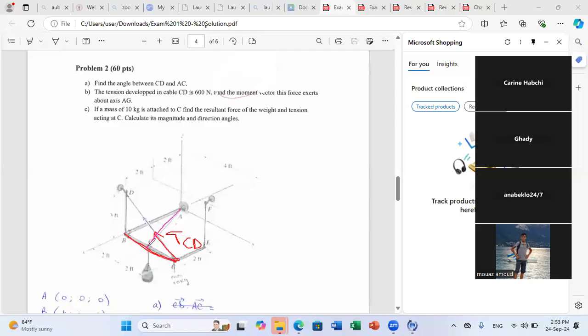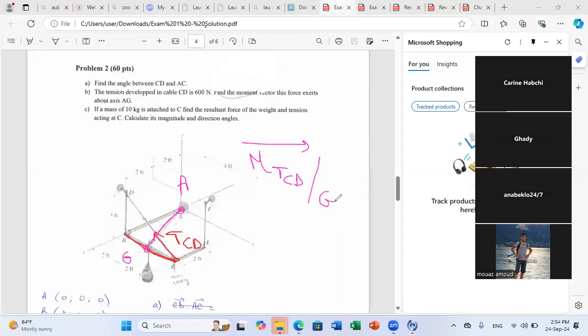Okay, now what is the technique? We select first any point on AG. You can take A or you can take G. Here G is easier, and we'll see why. Okay, if you take point G, you need to get the moment first of TCD about G. Now, what is the easiest position vector to take?